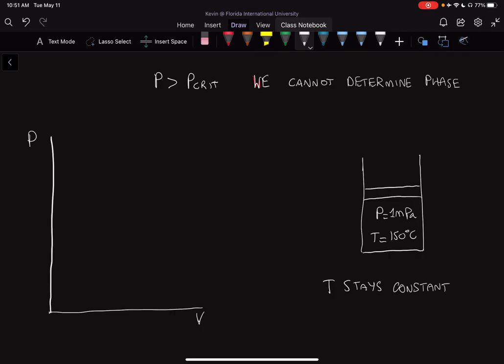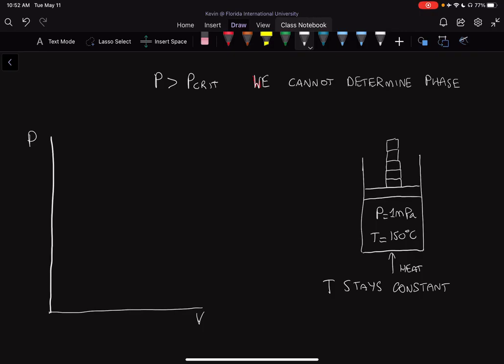In order for temperature to stay constant, we're going to add heat, but the pressure of 1 megapascal is created by adding blocks on top of our piston cylinder assembly. Above our piston, we have blocks of weight that are adding that pressure of 1 megapascal.